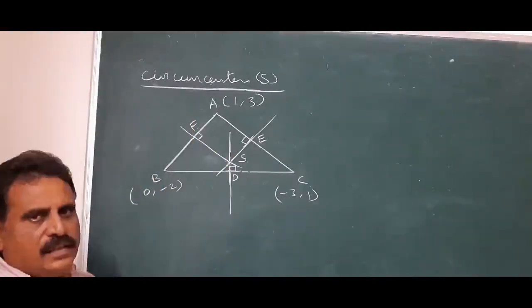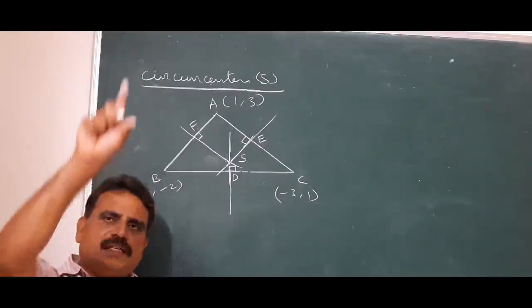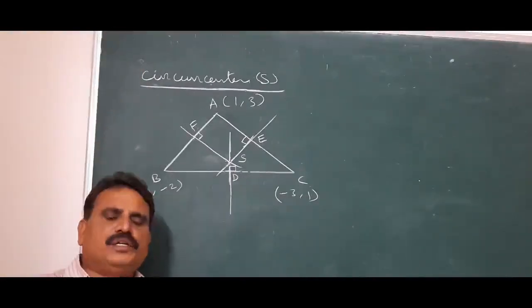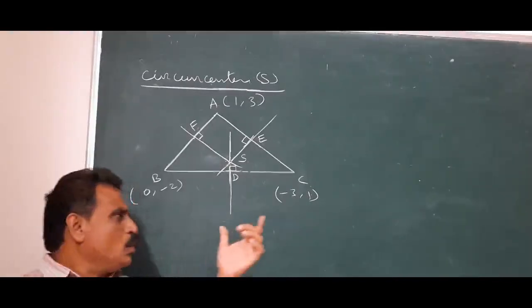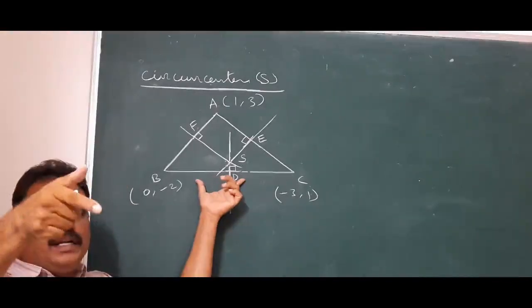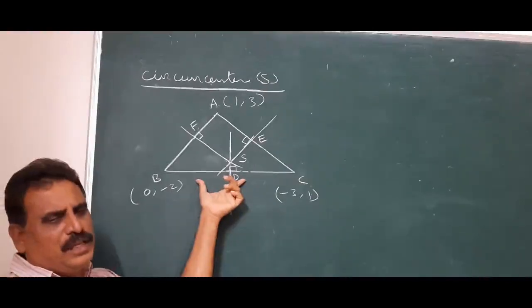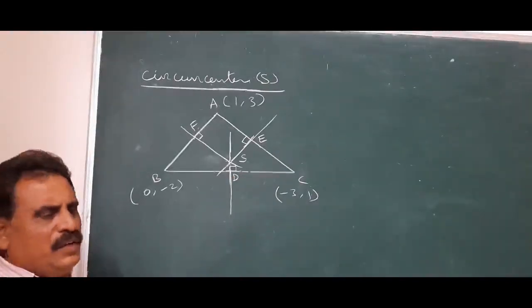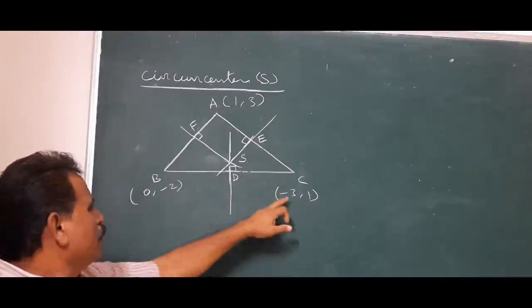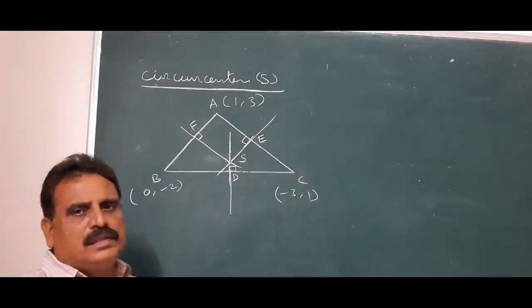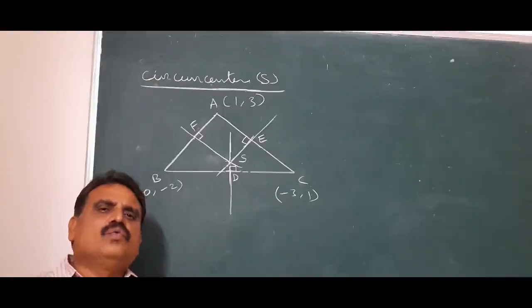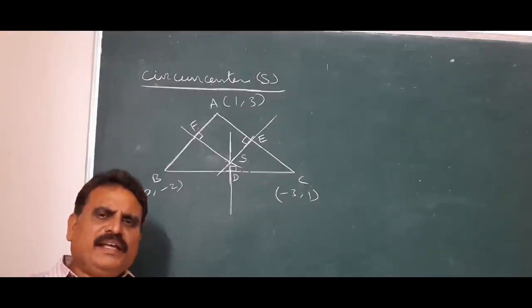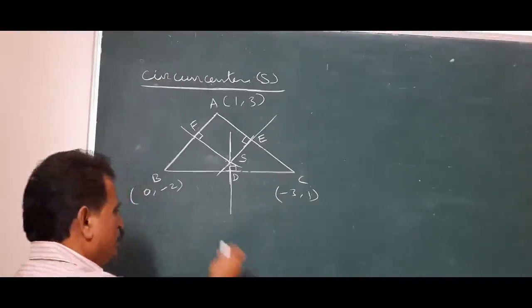Now, how to find the equation of SD? SD is perpendicular to BC. One method is to find the slope of BC, then the perpendicular slope, then the line equation. Another method: difference of x coordinates 3, difference of y coordinates minus 3, their ratio is 1, minus 1, taken as x and y coefficients.